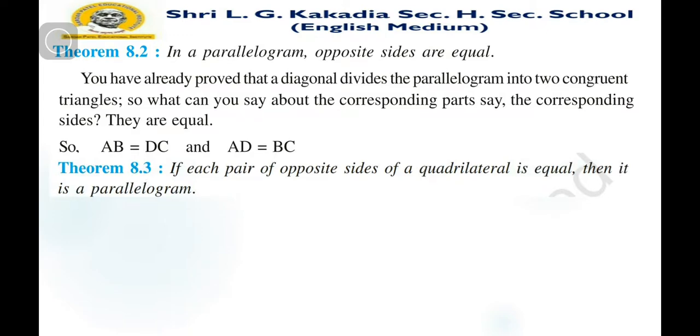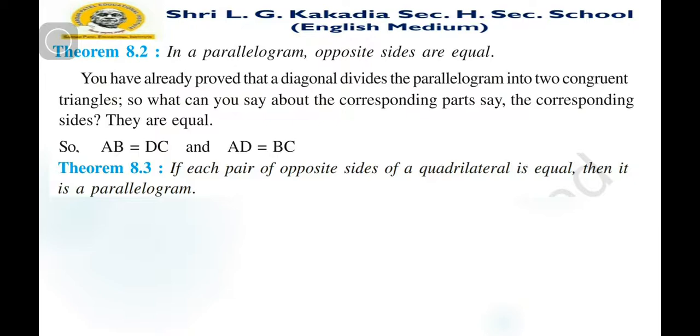Theorem number 8.3: if each pair of opposite sides of a quadrilateral is equal, then it is a parallelogram.